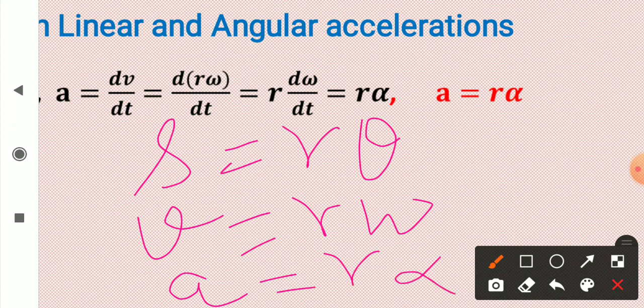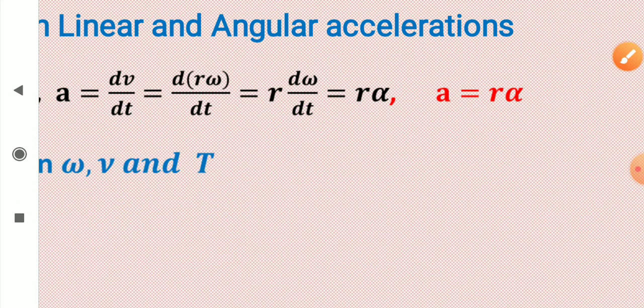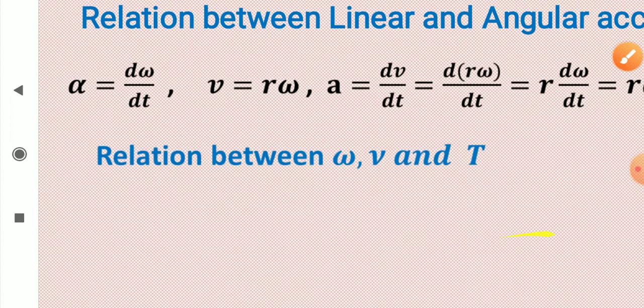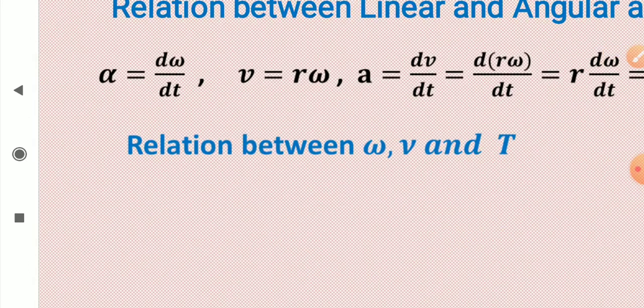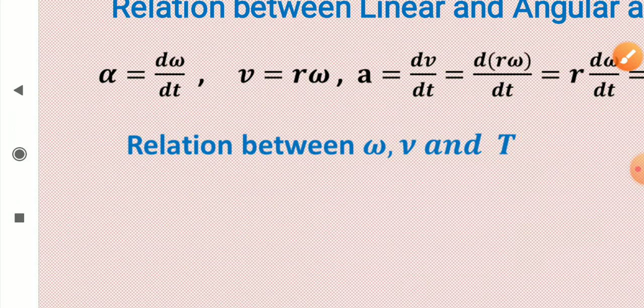So angular acceleration, angular motion की सारी टर्म्स को r से मल्टीप्लाई कर दीजिए और लीनियर मोशन वाली टर्म्स आपको मिल जाएंगी. And now a very important relation between omega, nu and T: angular velocity, frequency and time period. Let's see how we do it.